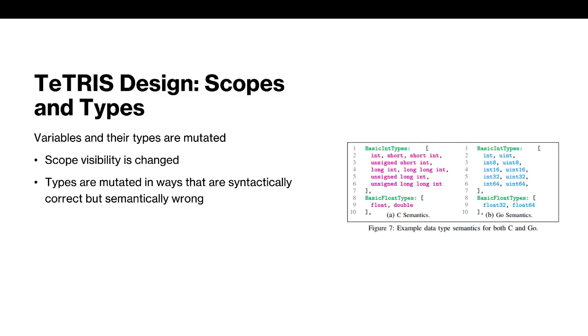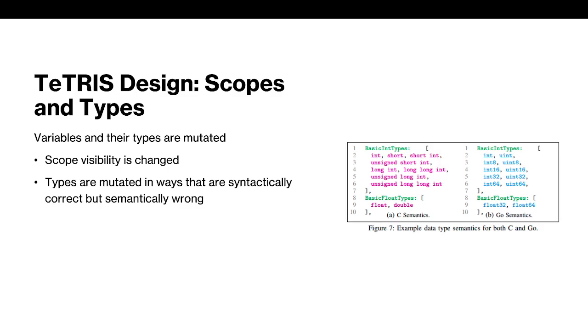Different languages have different rules about variable visibility, so it's possible to reuse variable names but use different types, and then these, despite having a similar name, represent something totally different in memory, and all different things like that. It's very dependent on what the language is, and since it's dependent, there's a lot of rules in how this is translated, so we want to change scope visibility.